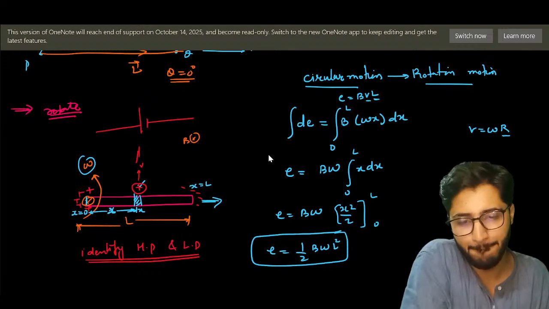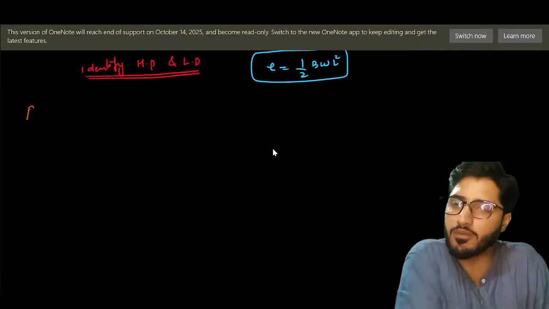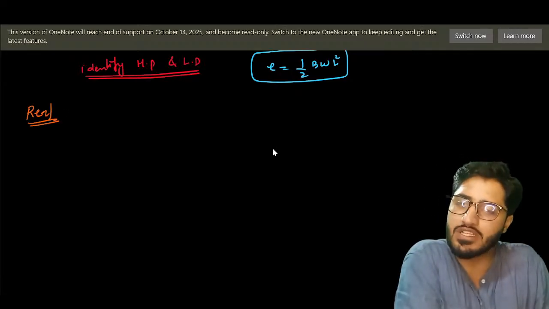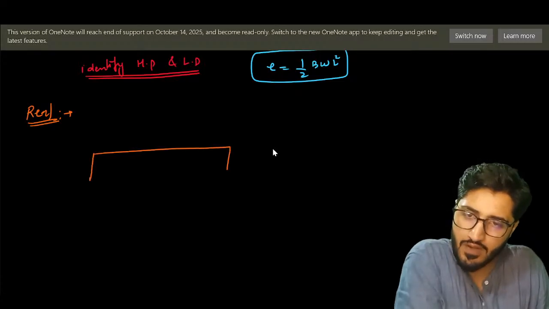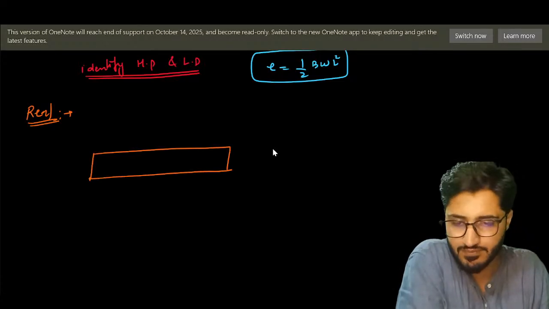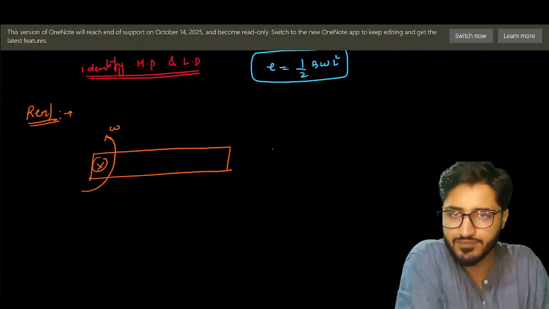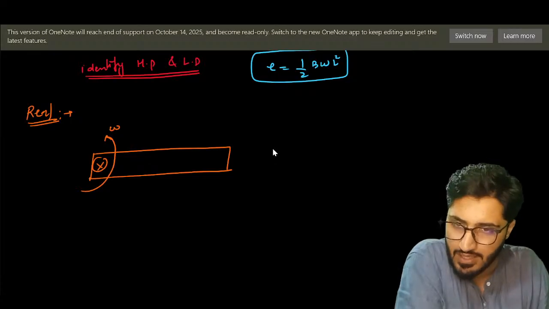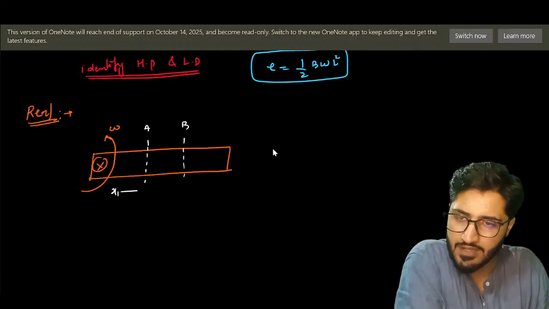But do you know what the original, real formula is? Look, if we have this rod, hinged at one end, and we are rotating it with omega. Let this point be A and this point B, at distances x1 and x2 from the hinged part.